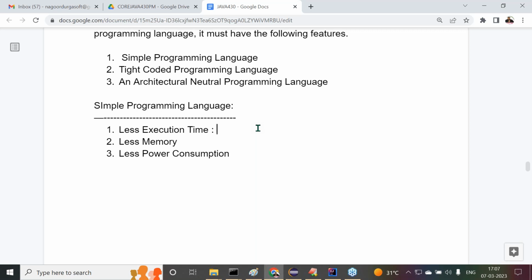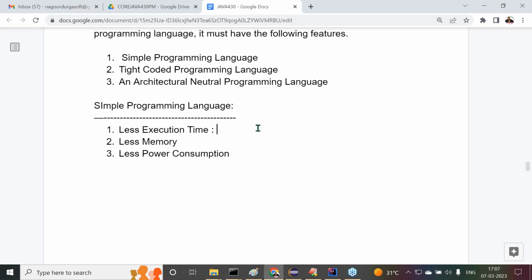Automatically, the performance of this end product is good or not? That means when execution time is less, the performance of the end product will be very good. When execution time is more, the performance of the end product will be less.